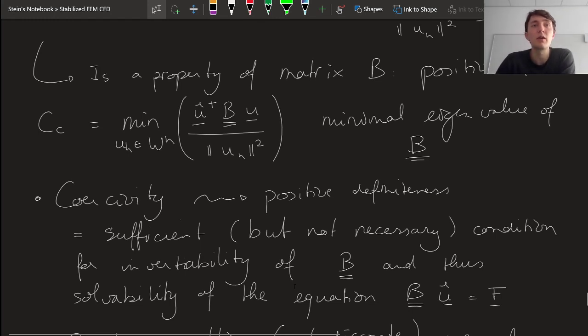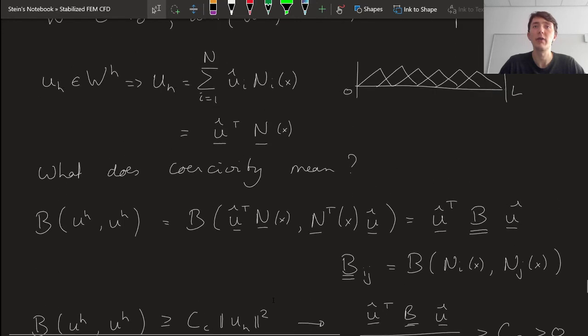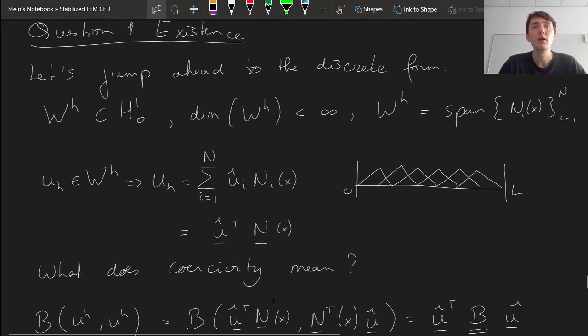I want to give you a feeling of what these properties mean. We saw here that it relates to the positive definiteness of the stiffness matrix, and I feel like that's pretty much what we need to understand to be able to move forward with the theory that we have in mind. Okay, I think that's it for this video. In the next video, we're going to answer question 2, which is on the uniqueness of this solution.